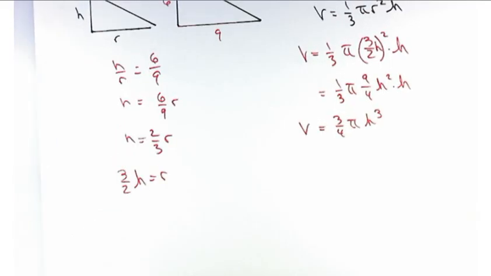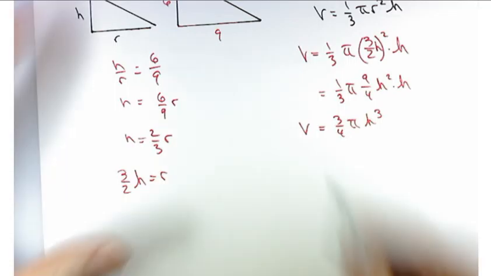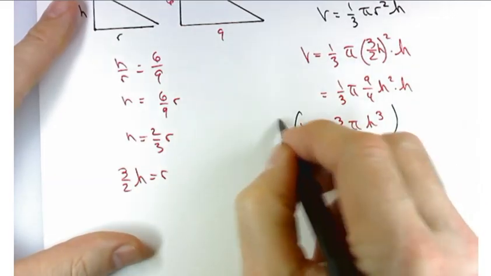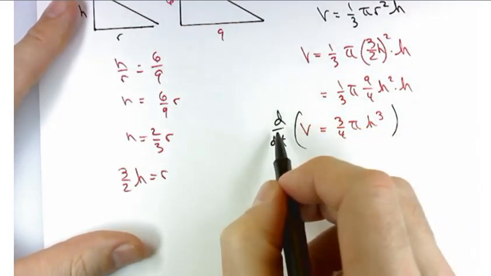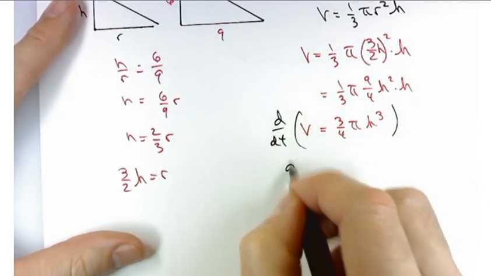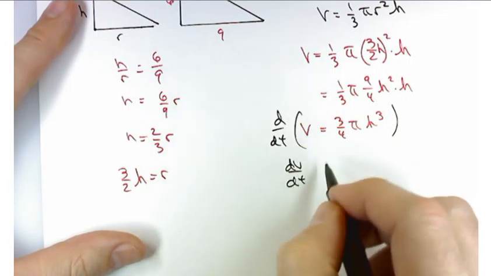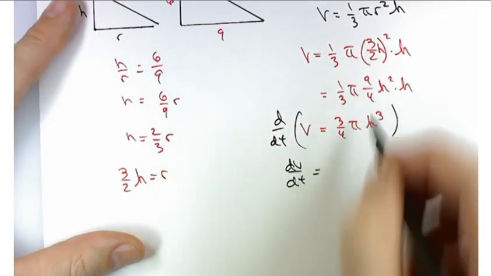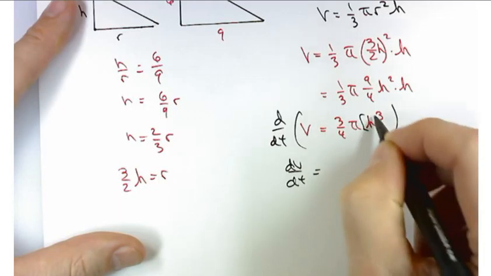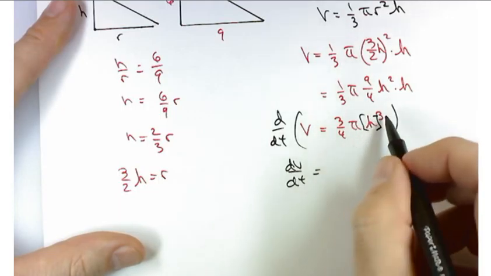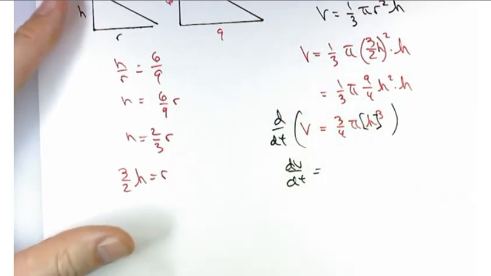Again, what's nice about this is that it just depends on h. And so when I go to differentiate this with respect to time, d/dt, on the left-hand side, I'll get dV/dt. On the right-hand side, we've got to be a little bit careful. This term, h cubed, has to be differentiated implicitly.